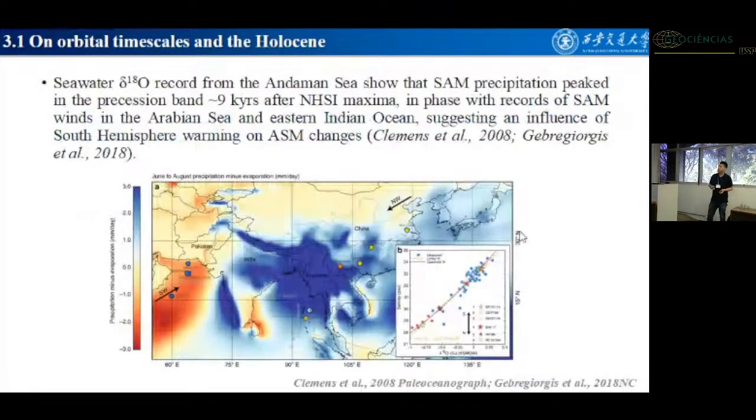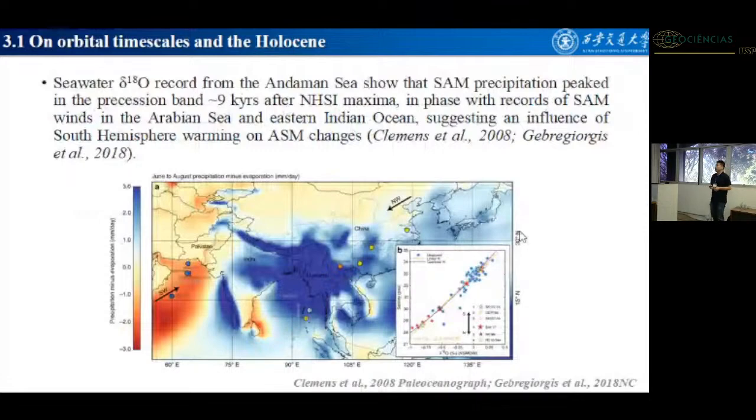Another seawater record from the Andaman Sea also shows that the Asian summer monsoon rainfall peaked in the precession band about 9,000 years after the summer insolation maximum, in phase with the records of South Asian summer monsoon winds in the Arabian Sea and also the Eastern Indian Ocean.